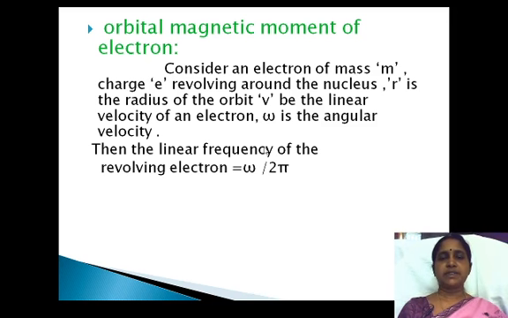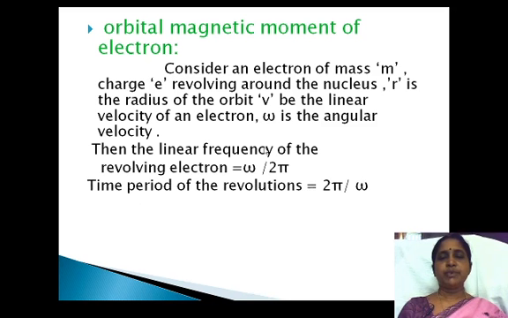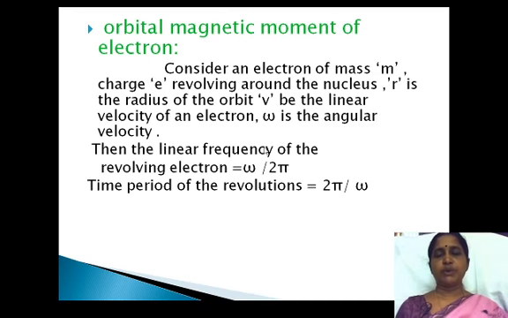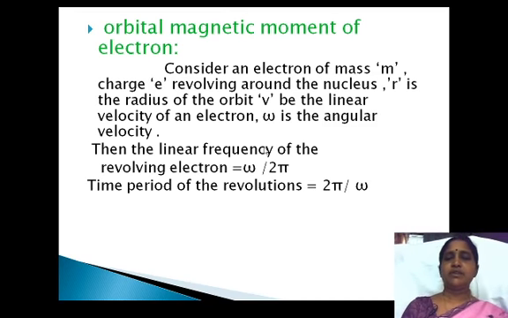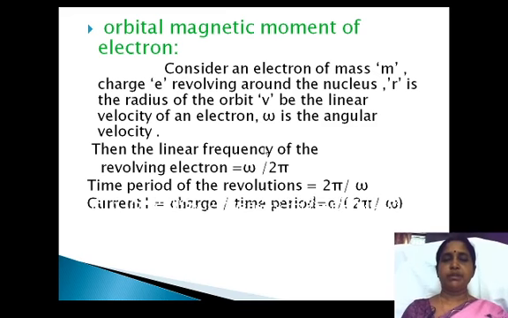Then the linear frequency is n equal to omega by 2 pi, because omega is equal to 2 pi n. Time period of the revolution T is equal to 2 pi by omega, because time period and frequency are inversely related. So frequency is omega by 2 pi, and time period of the revolution is 2 pi by omega.